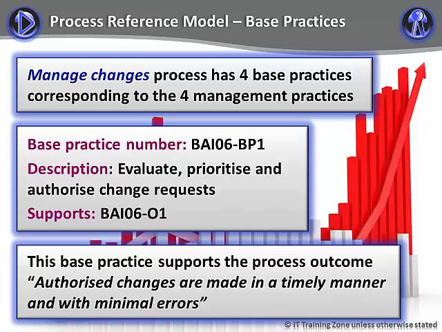Base Practice Number BAI 06 BP1. Description: Evaluate, prioritize, and authorize change requests. Supports: BAI 06-01. You can see that this base practice supports the process outcome. Authorized changes are made in a timely manner and with minimal errors.